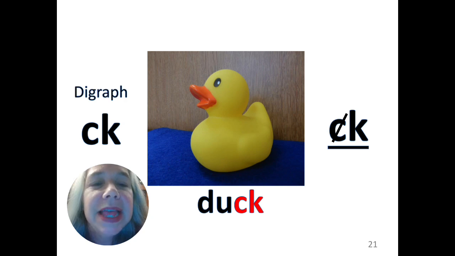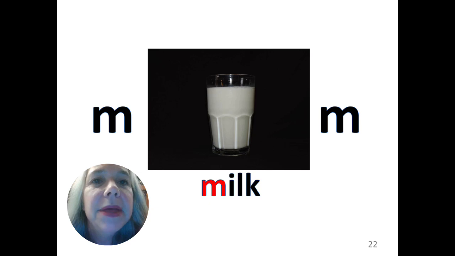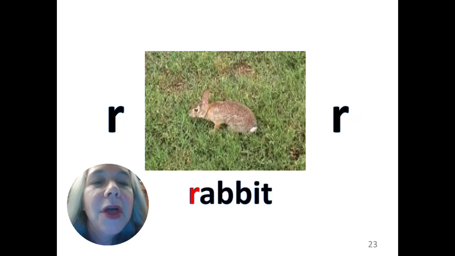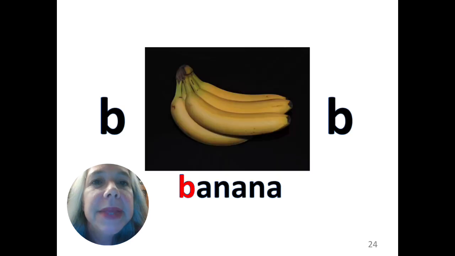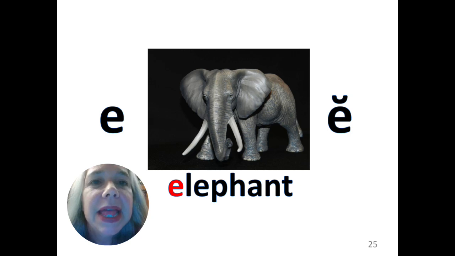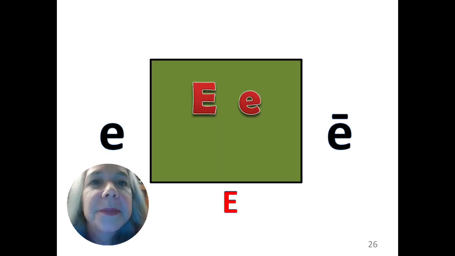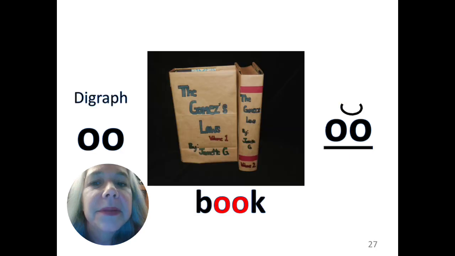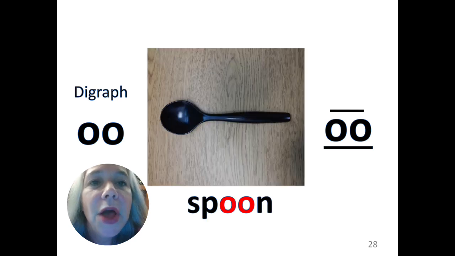Digraph CK, duck, K. M, milk, M. R, rabbit, R. B, banana, B. E, elephant, E. Digraph OO, book, U. Digraph OO, spoon, oo.